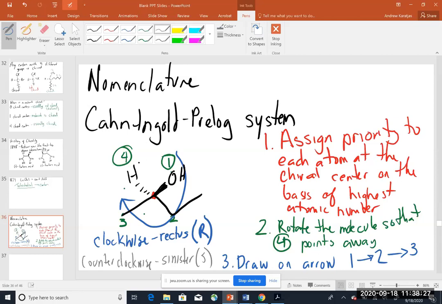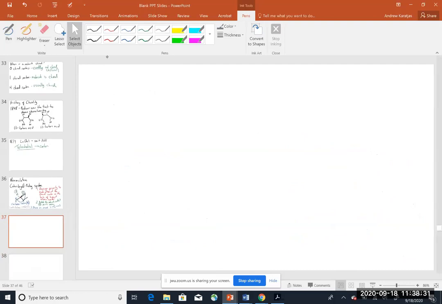So let's look at another example now. So here's an amino acid. This is alanine.